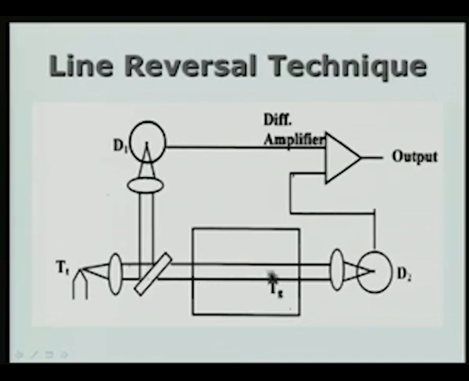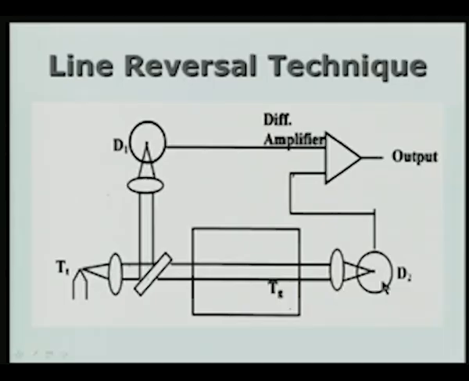So, at the same time I am able to see the target directly, like what I explained earlier. So, one is the direct view, and the other is through the gas, and what I have to do is vary the temperature of the target by using some arrangement, like a filament whose current is varied systematically.